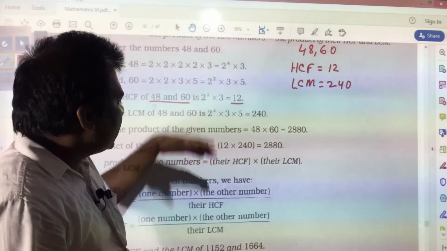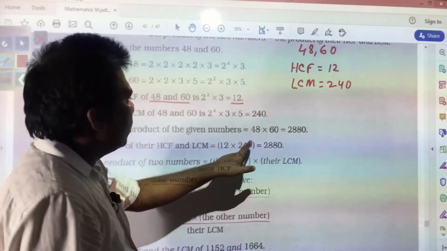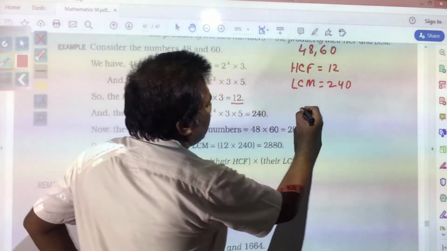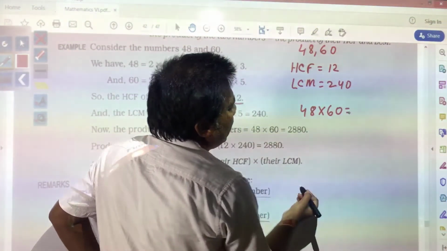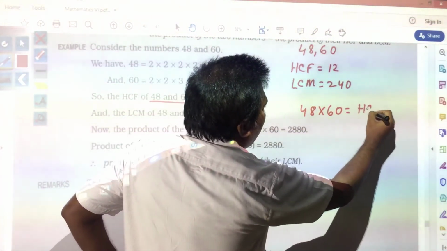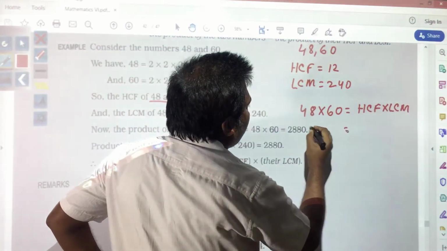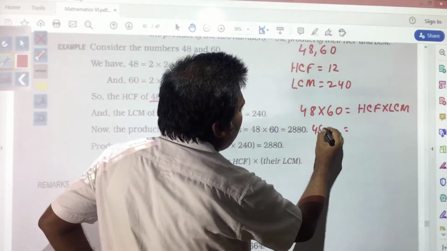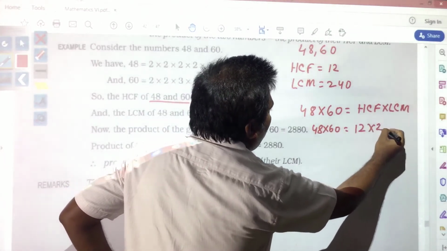What have you seen just now? The product of these two numbers, 48 into 60, will be equal to the product of HCF and LCM. It means 48 into 60 will be equal to 12 into 240.